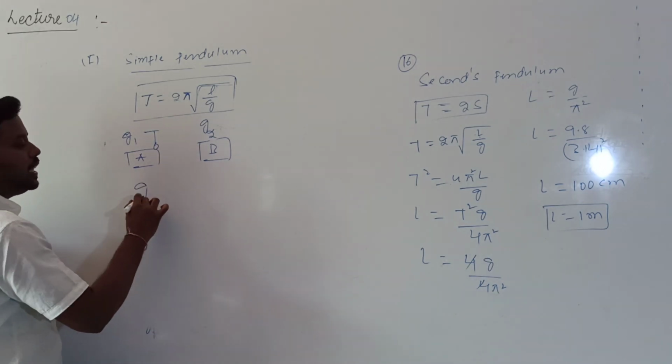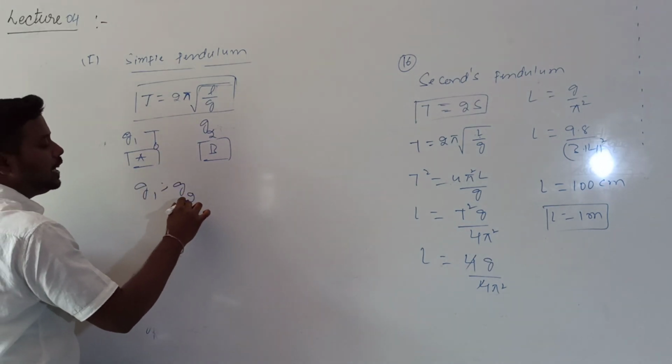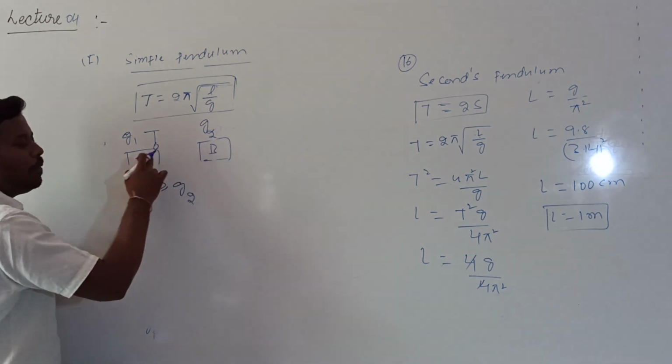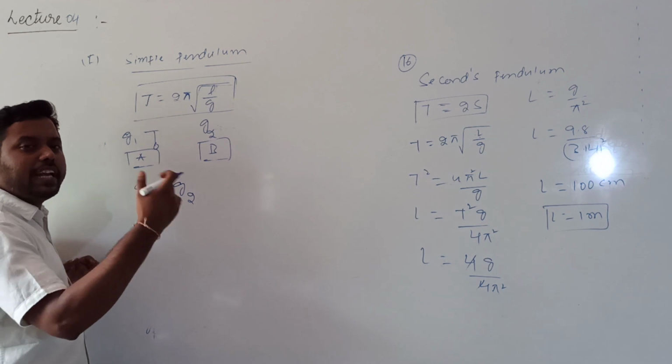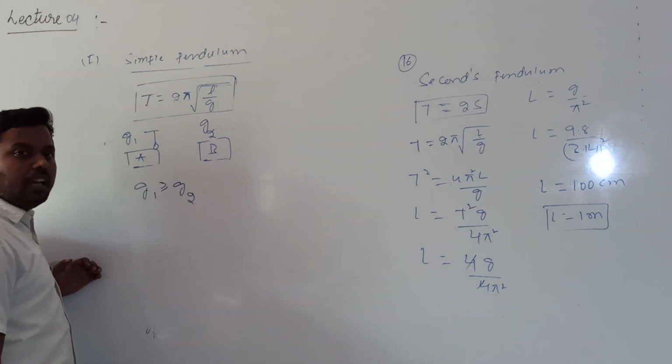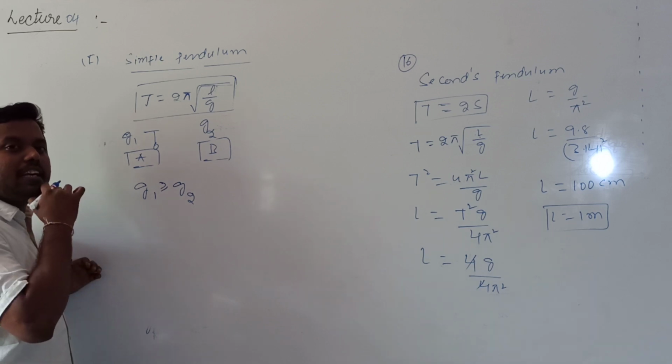For example, if g1 is greater than g2, what happens? When you take it from place A to place B, due to the decrease of acceleration due to gravity, the time period increases.